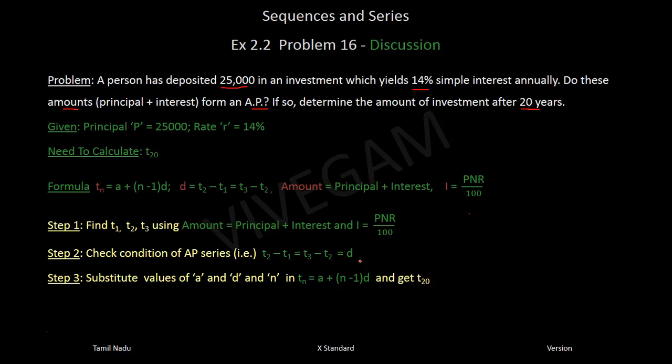So it's an AP series. At this point you already have A and D identified. Then all you need to do is substitute those values in this equation and calculate T20. I hope everything is clear.